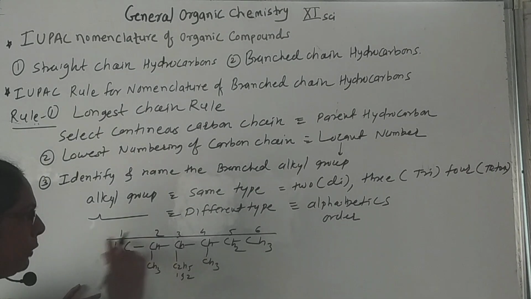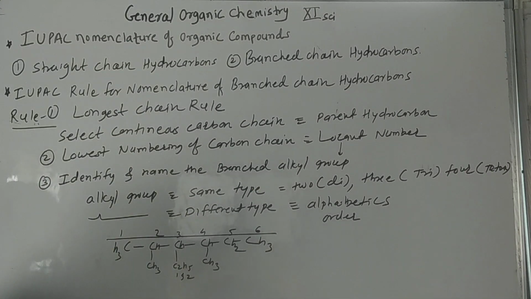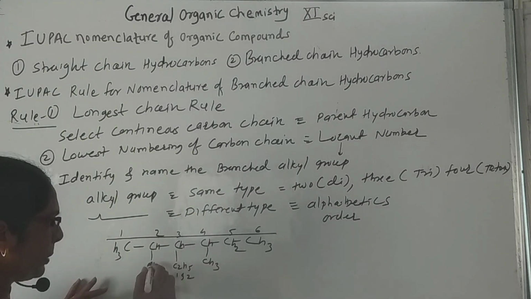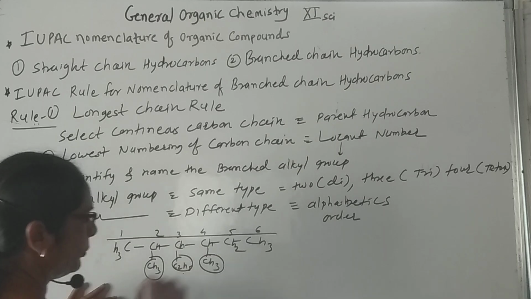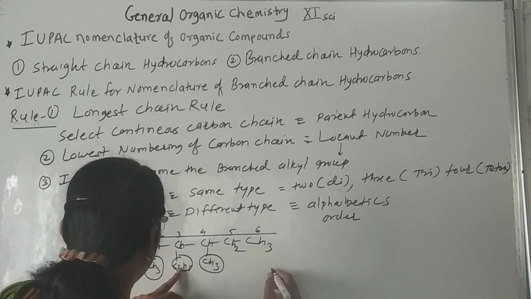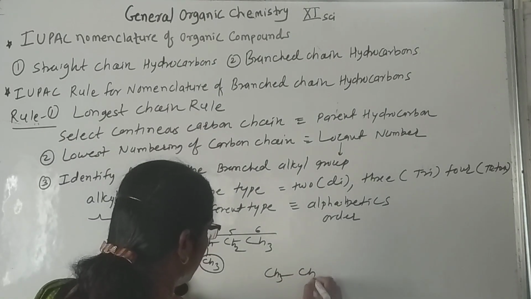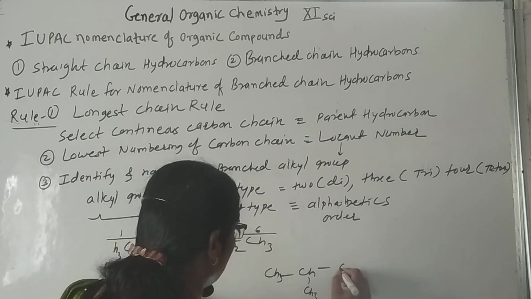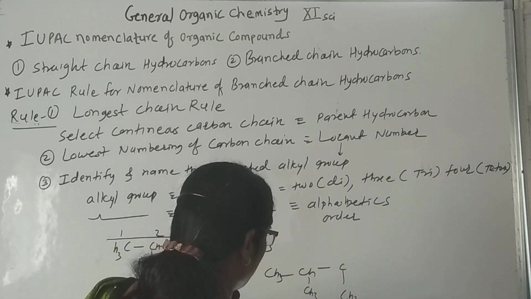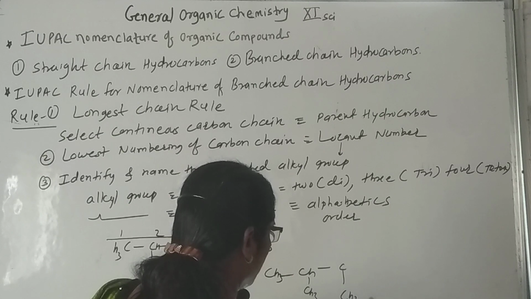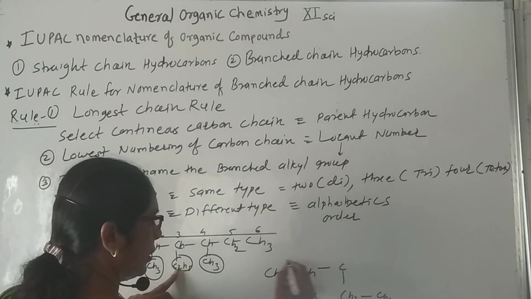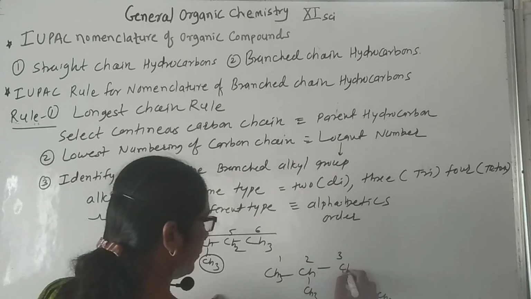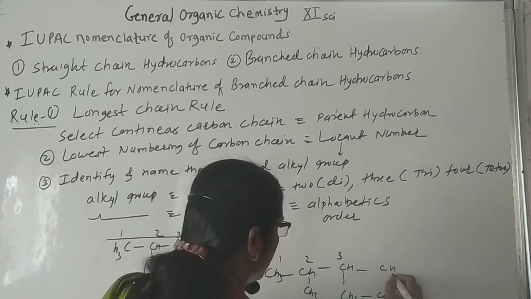If I go straight forward, 1, 2, 3, 4, again it has 6. When I go straight forward, how many branches are there? 1, 2, 3. But if I go this way, CH3, CH, CH3, CH2, CH3. I write this ethyl like this: CH2, CH3, then carbon number 3, then CH, CH3.